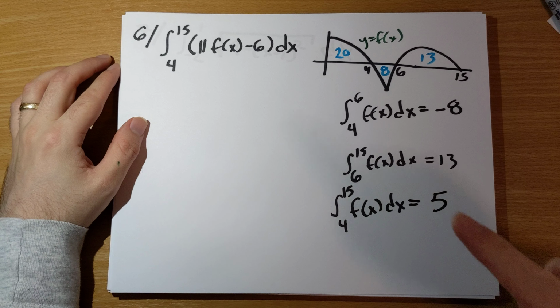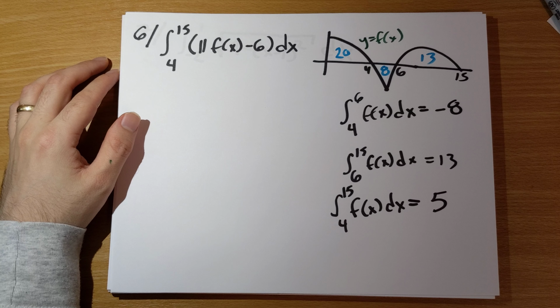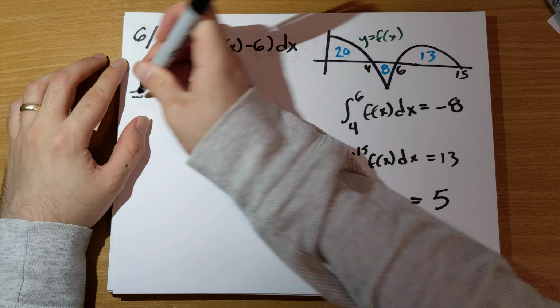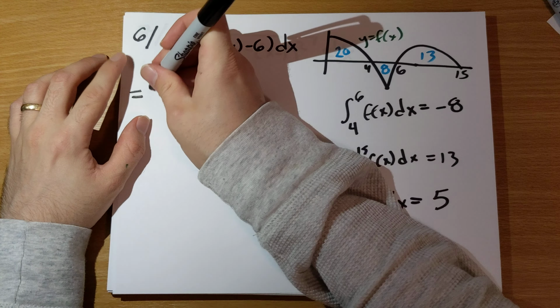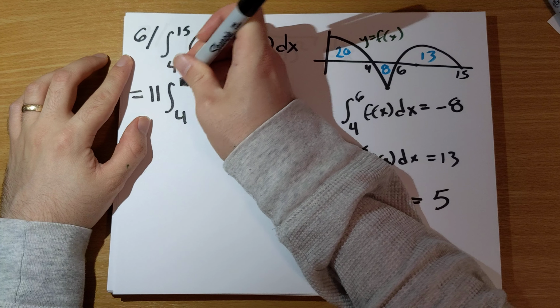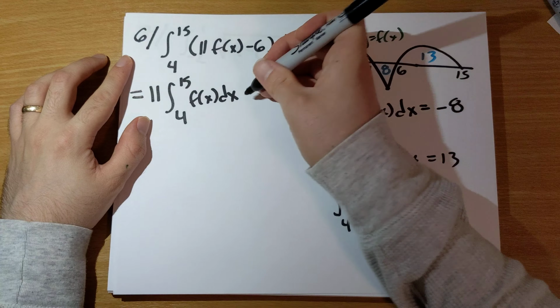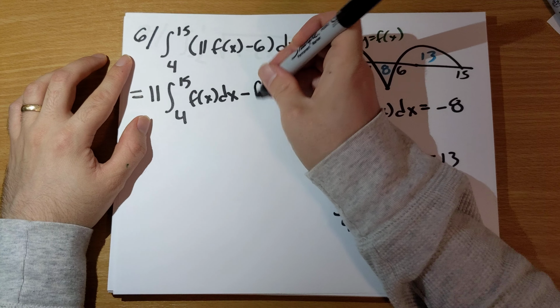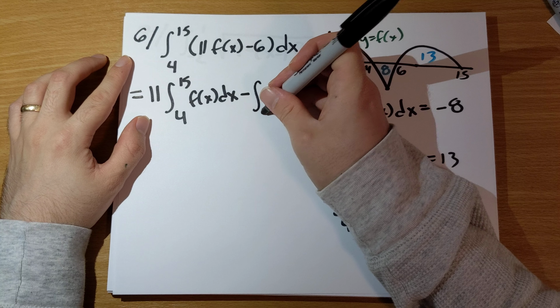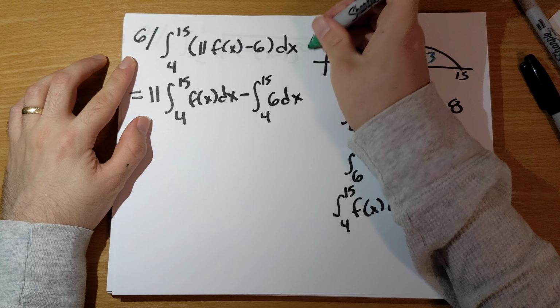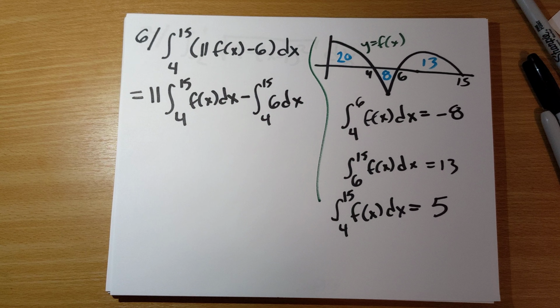Okay, now that we've got all of that set up, we can go back and actually evaluate this integral. I'm going to rewrite this as 11 times the integral from 4 to 15 of f of x dx minus the integral from 4 to 15 of 6 dx. What's going on here?